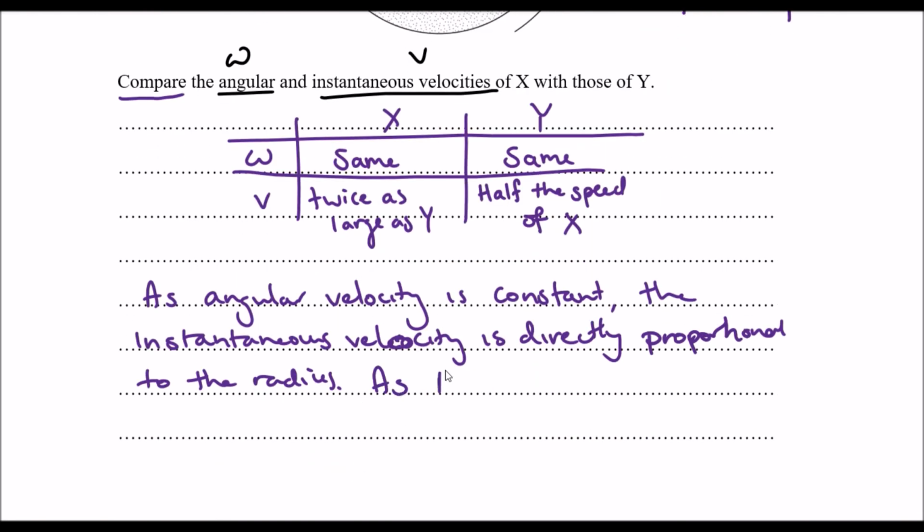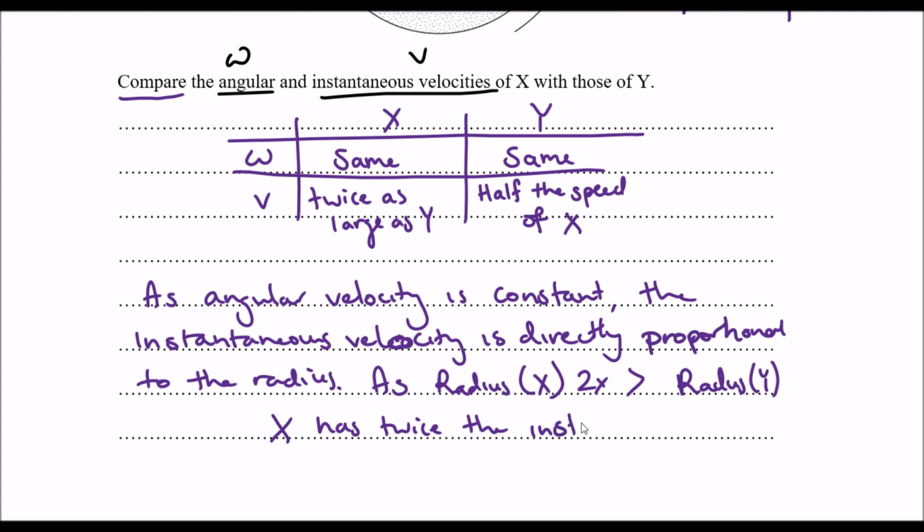As the radius of x is 2 times as big as the radius of y, x has twice the speed or instantaneous velocity of y. And that's how you solve this problem.